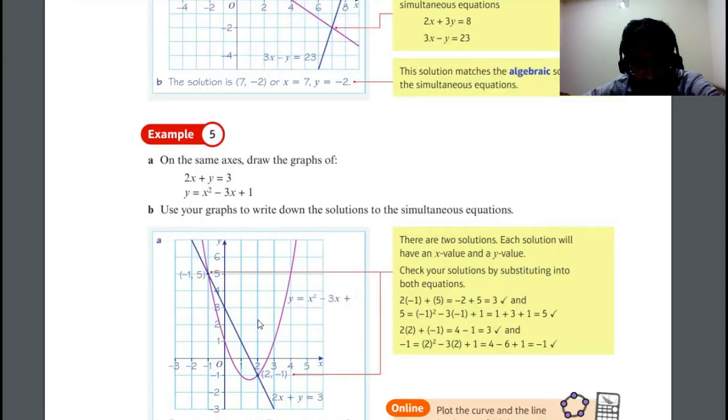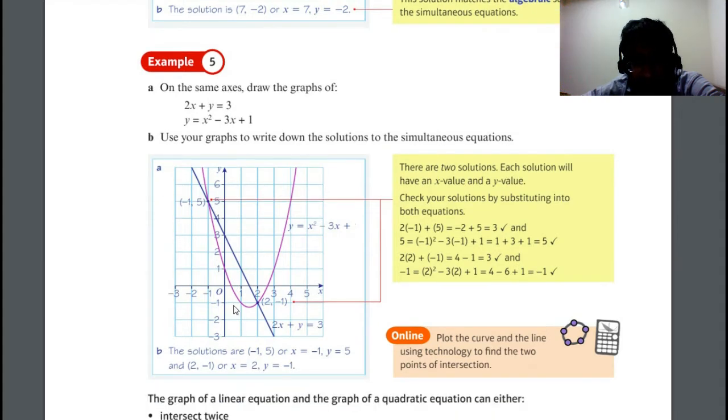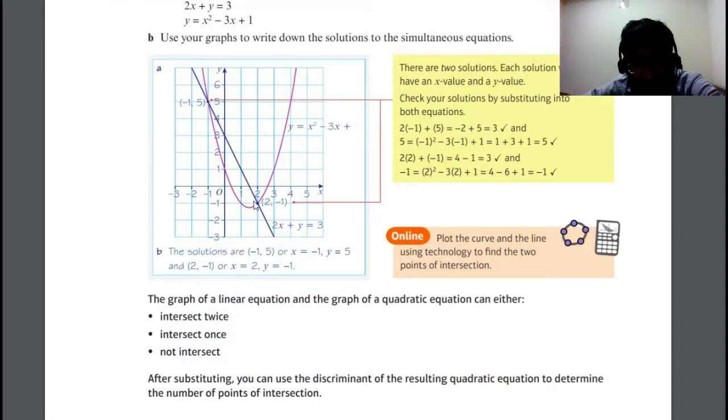So we have the two equations, and for example, if we find the value of y as 3 minus 2x and put it in the second equation, and now find the discriminant, then I can have either b squared minus 4ac greater than 0, equal to 0, or less than 0.